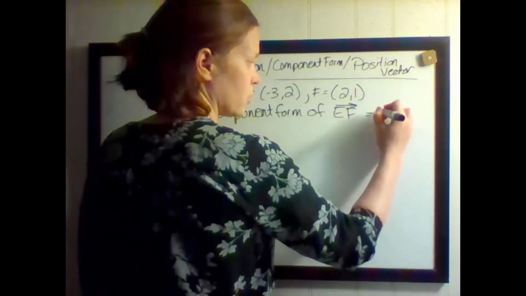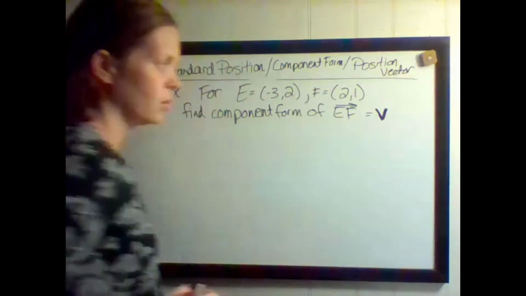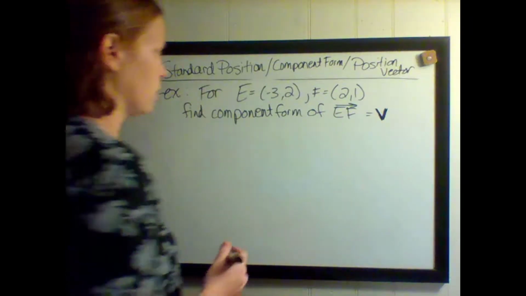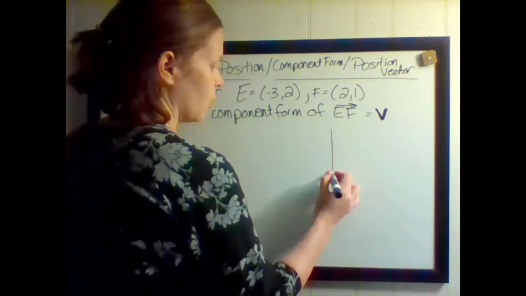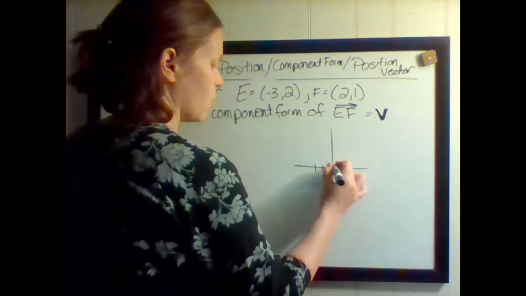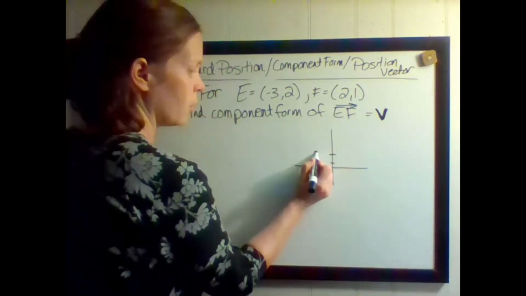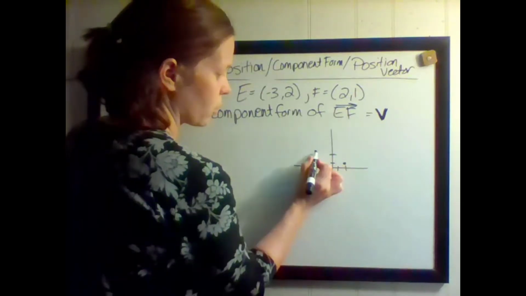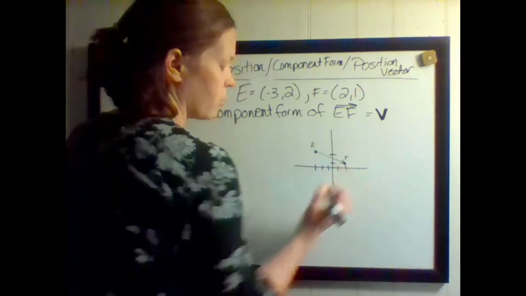And we're going to call it vector V. I'm bolding this V. We'll call it vector V. And then after that, we'll go a little further with it. But let's plot this first. (-3, 2) is right here. And then (2, 1) is right here. So here's, right now, EF.